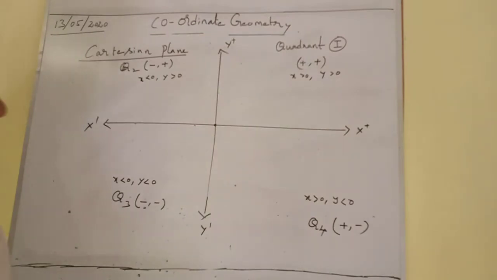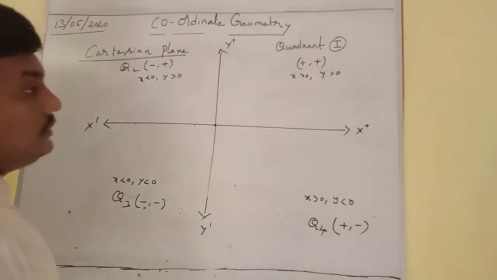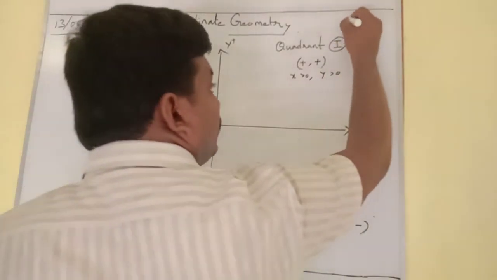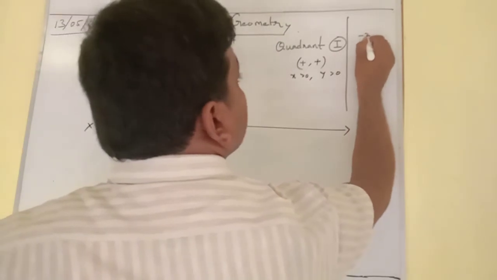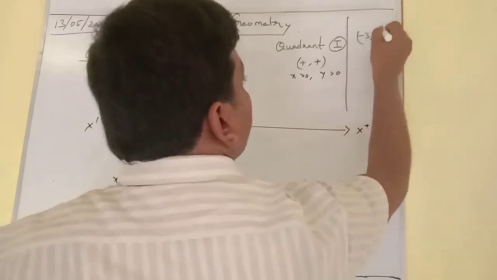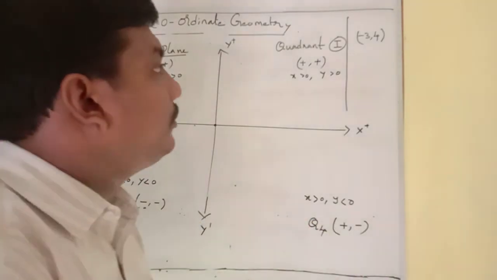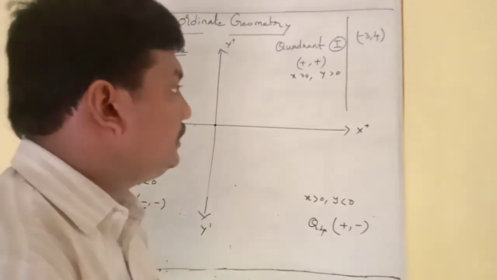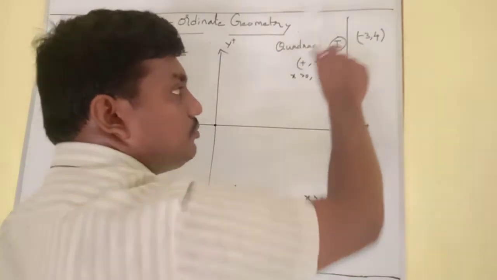Now if you observe, we can consider any point. Suppose the point minus 3 comma 4. Which quadrant does it belong to? Here minus 3 means x is a negative value and y is a positive value.